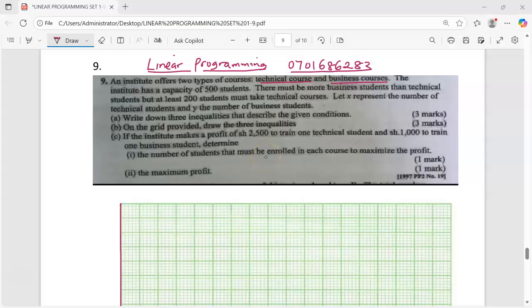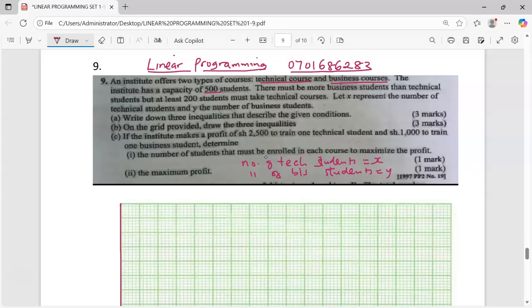So we have been told that the number of tech students be X. That means the number of business students are going to be Y. We have been told that the institute has a capacity of 500 students.